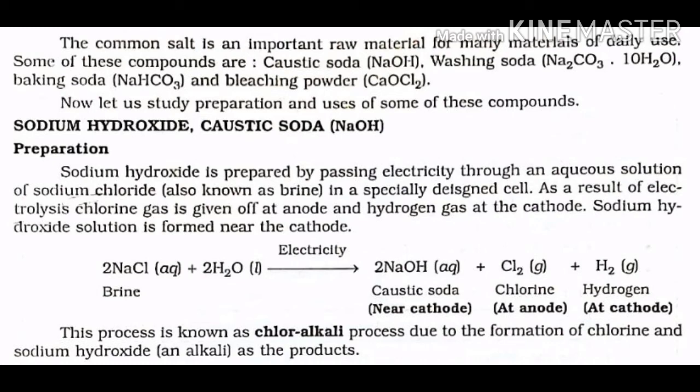Sodium hydroxide solution is formed near the cathode. 2NaCl plus 2H2O, on passing electricity, gives 2NaOH plus Cl2 plus H2. This process is known as the chlor-alkali process due to the formation of chlorine and sodium hydroxide, which is an alkali, as the products.